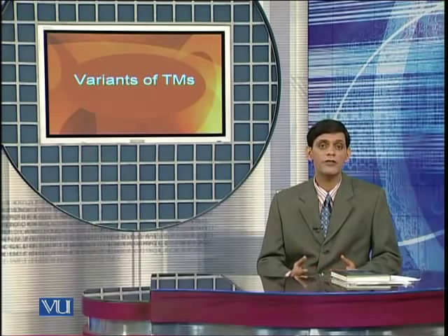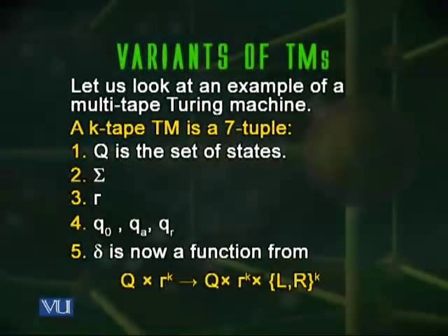Therefore, the transition function will look as follows. The transition function is going to map the set Q cross Γ^K to the set Q cross Γ^K cross {L, R}^K. Let us look at what this transition function is doing. It looks at the current state, then it looks at all the K symbols that are currently being scanned by each head.